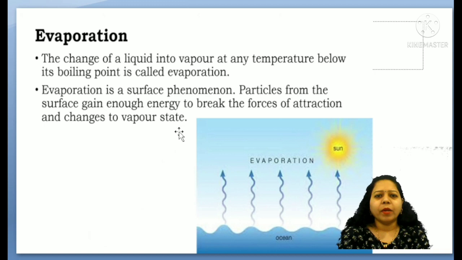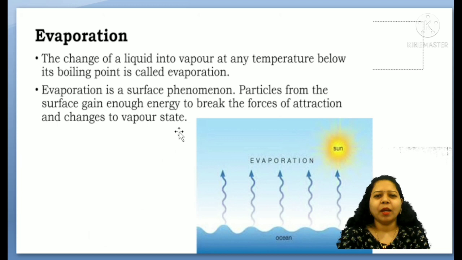Why? If we are taking 100 ml of water in a glass and we are taking 100 ml of water in a plate, and we are keeping both the utensils under the sunlight, and observe which water evaporates earlier. Of course, the amount of water is similar in both glass as well as in plate, but the water which is present in the plate evaporates earlier than the water which is present in the glass.